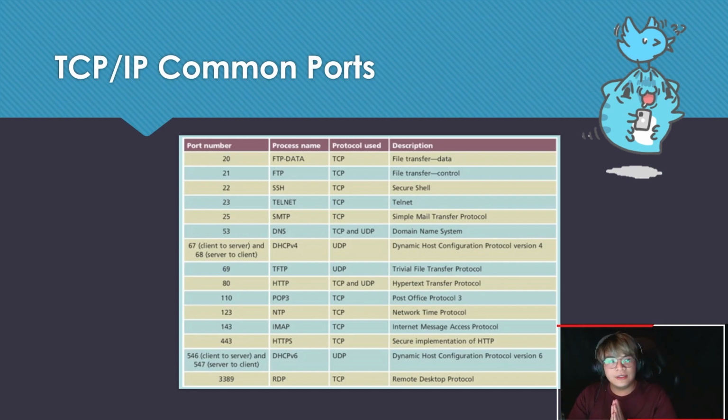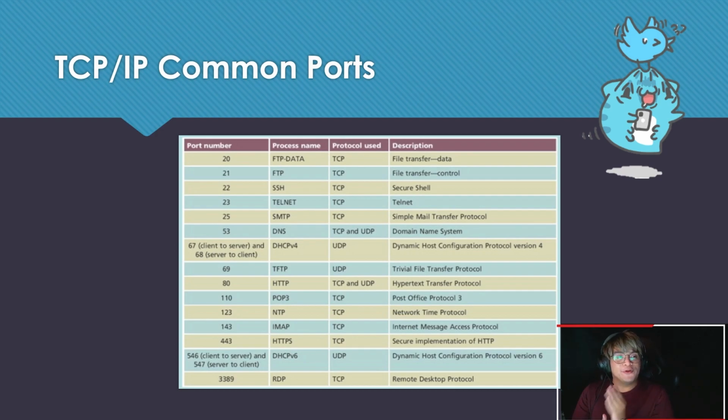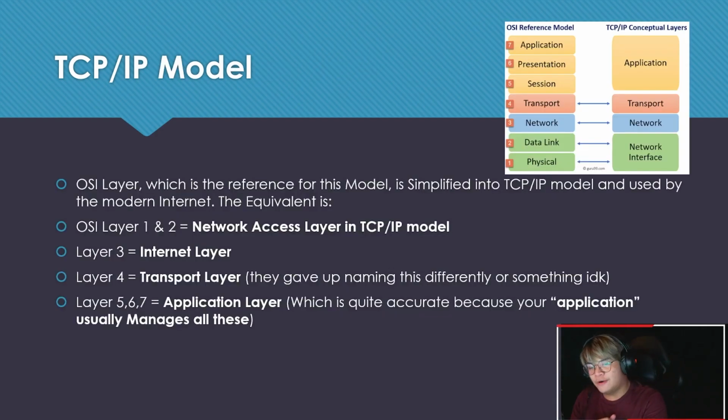Ports are logical connections, which means not physical connections, provided by the TCP or UDP protocols at the transport layer, for use by protocols in the upper layers of the OSI model.